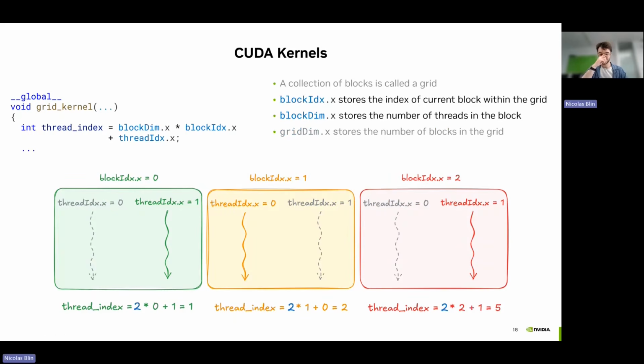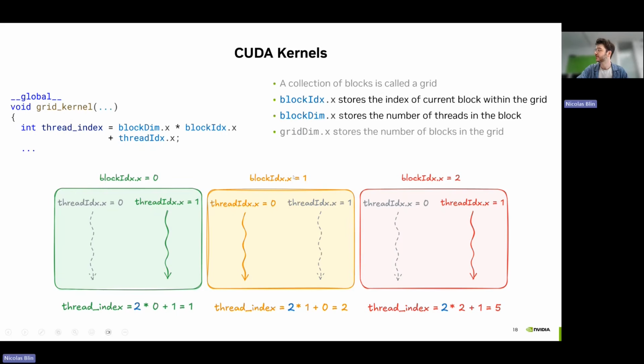So besides knowing the total number of threads, we also need to be able to know what is each thread's unique index across the entire grid. And for that, we can use the blockIdx.x, which is what is holding the block ID. And so you can see that here, again, all the threads that are inside this first block, they will all have a blockIdx of 0.